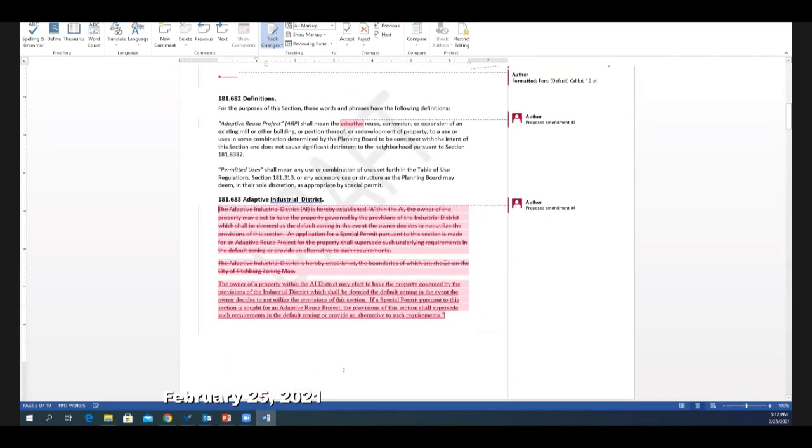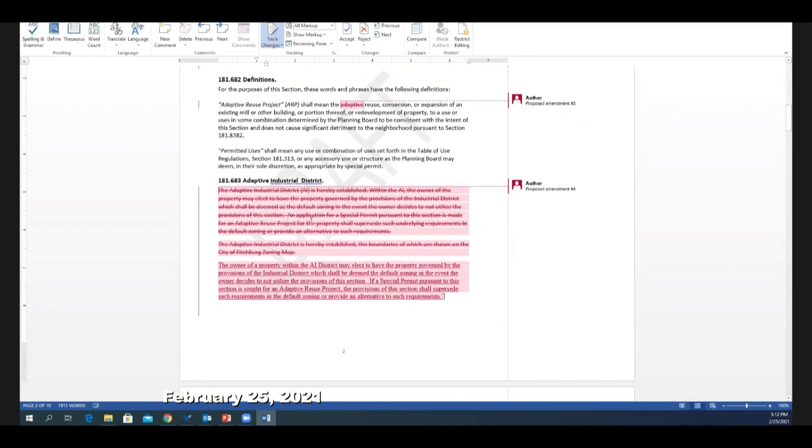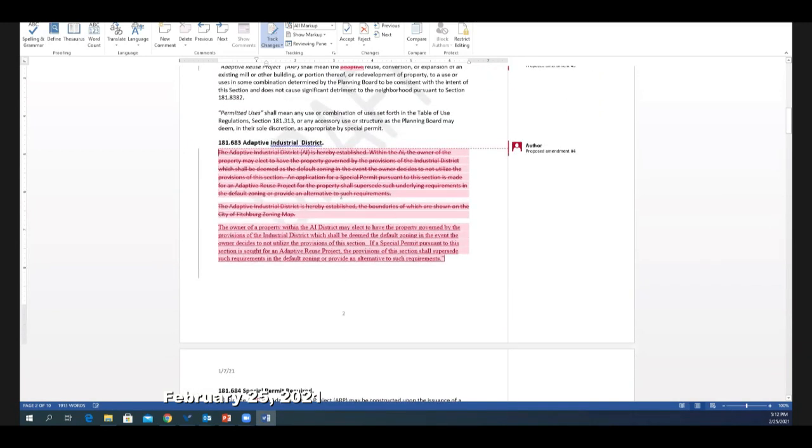Proposed amendment 4 rewrites section 181.683. And again, this is really just a more concise and perhaps legally consistent definition of the district, but doesn't change anything of substance.